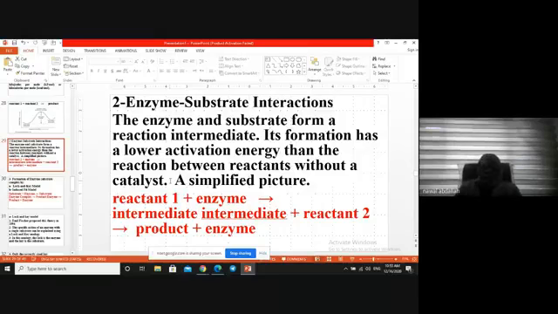If the reaction between two reactants is done in 10 minutes, for example, when we don't use the catalyst, it will be done in 10 units.